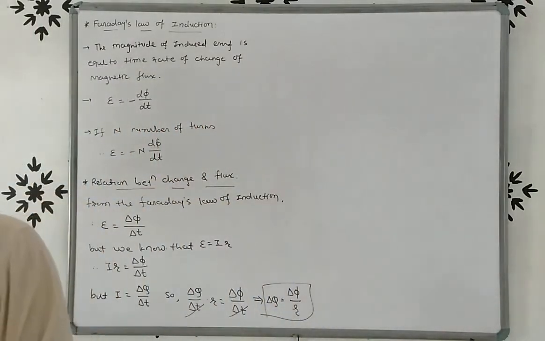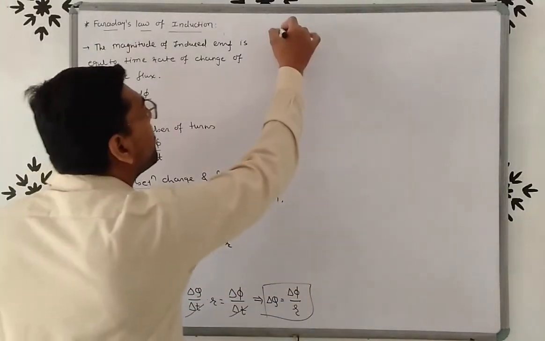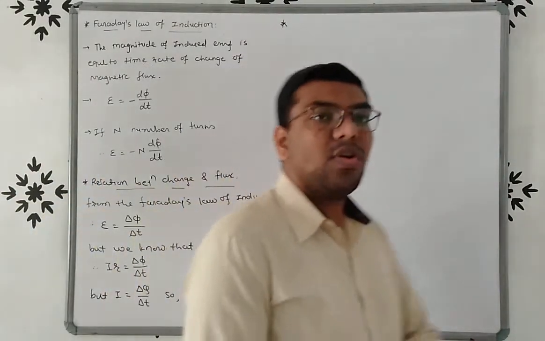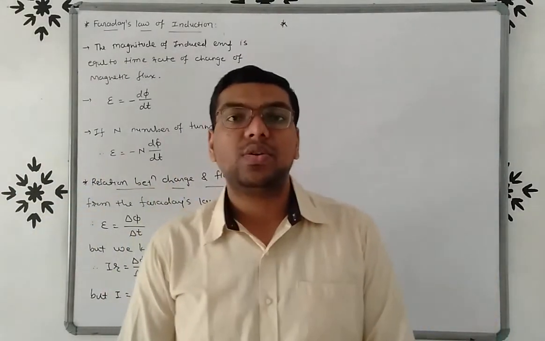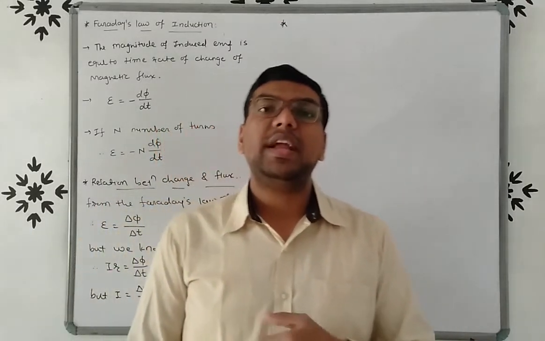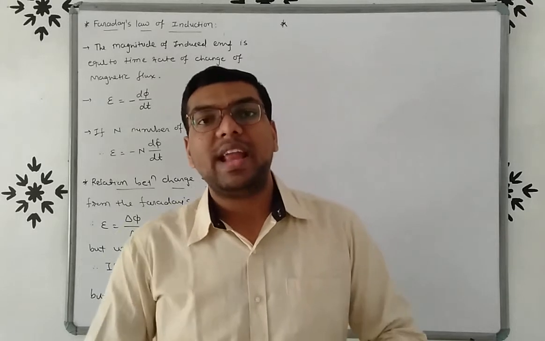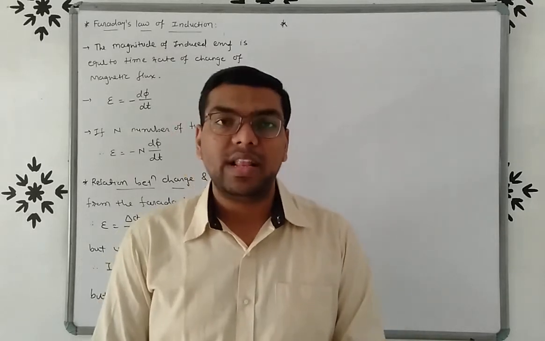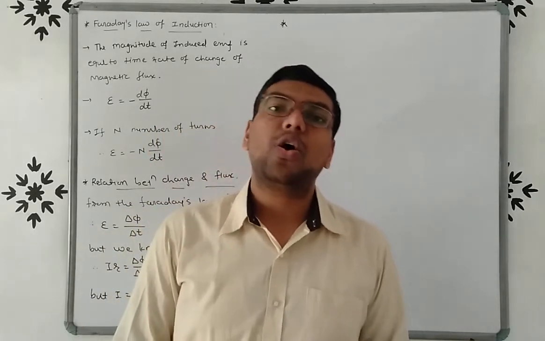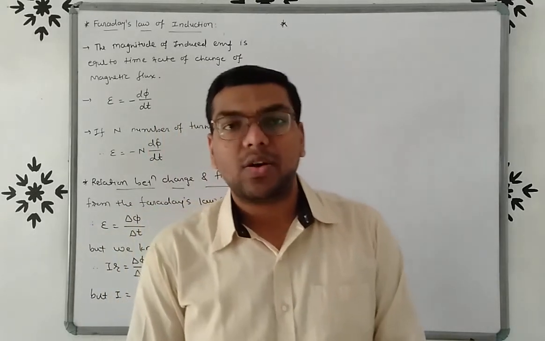Now friends, we discuss Lenz's law. But friends, before starting Lenz's law, we know that if a current is induced in the coil, then there are two directions, either clockwise or anti-clockwise.